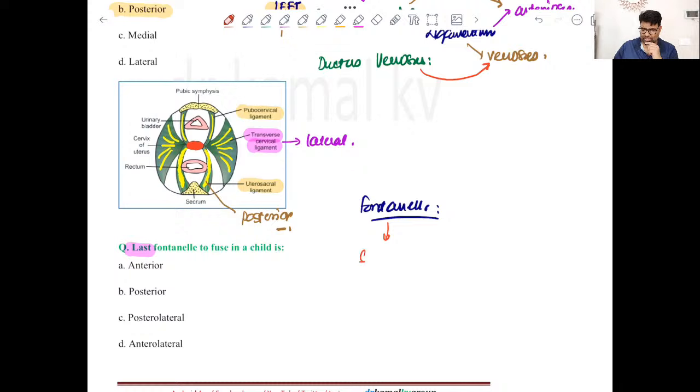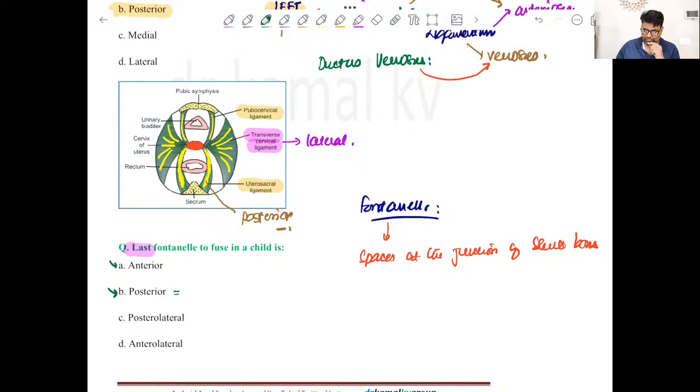Now we know that fontanelles are actually spaces at the junction of skull bones. The important fontanelles which you have to remember are only two: anterior and posterior, right?